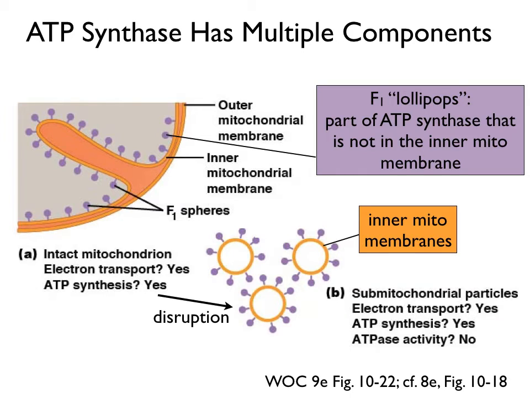Right, so now it becomes possible to strip off those lollipops and look at the membranes only, the membranes with the lollipops, or the lollipops themselves. So let's look at that.